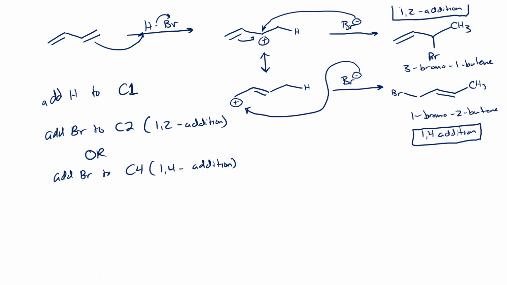How do we know which one is correct for our reaction? If we want to make 3-bromo-1-butene, can we specifically do 1,2 addition in place of 1,4 addition? And so we want to look at these two structures and figure out what is the difference between them.